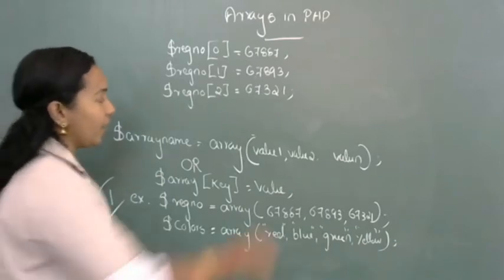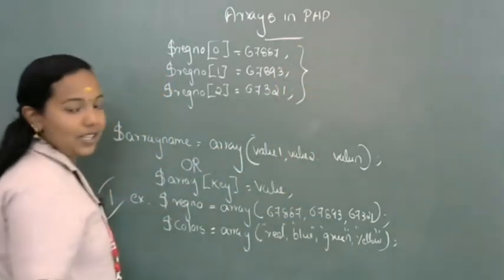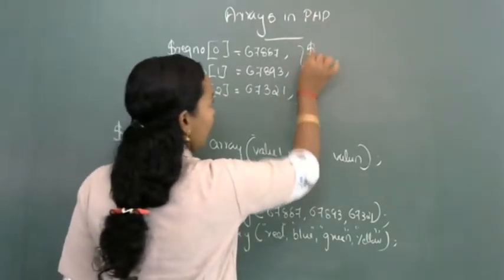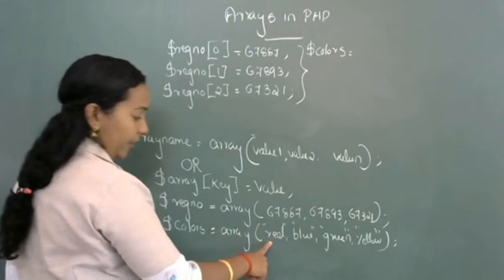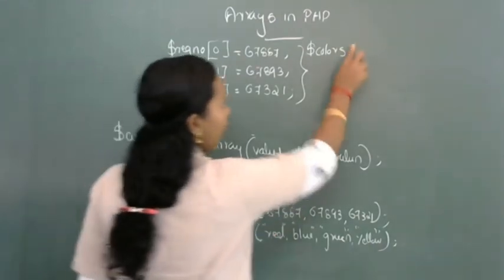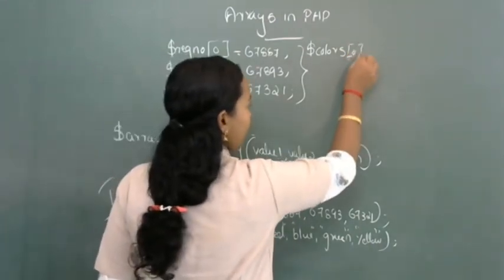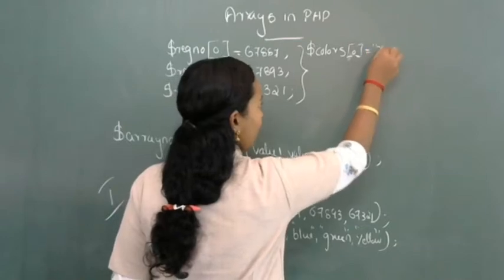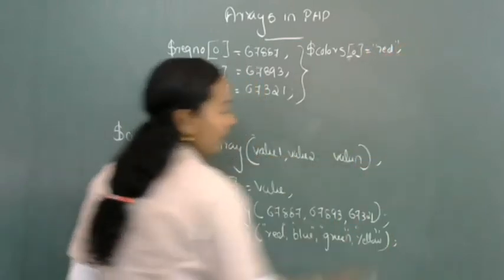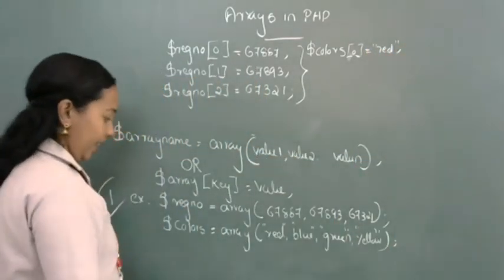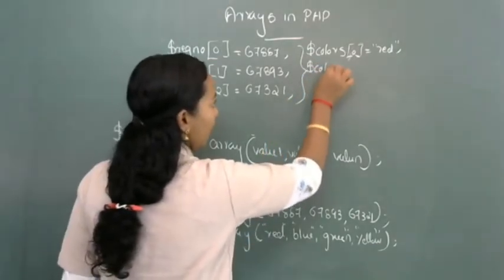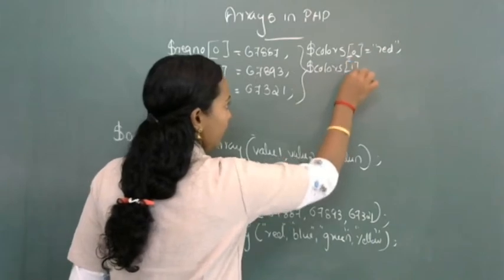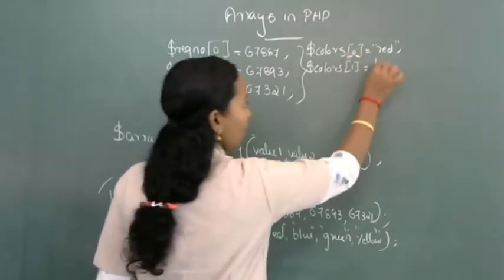How are we including colors using the second syntax? $colors[0] is equal to red. 0th location red. Key value 0 is equal to red. Second one, blue. $colors[1] is equal to blue.